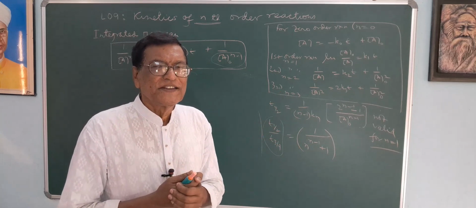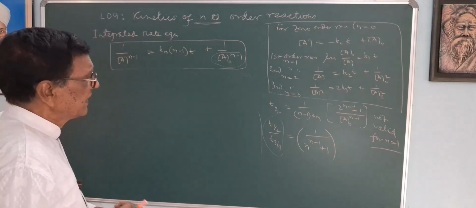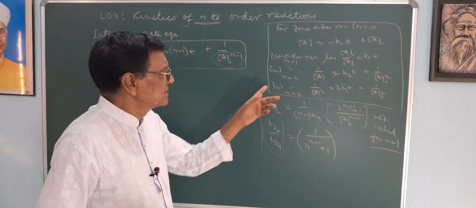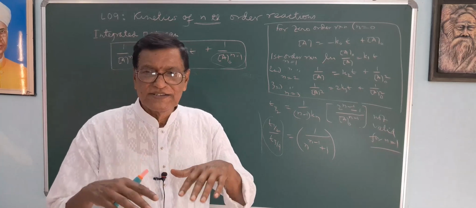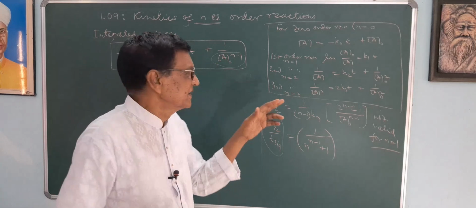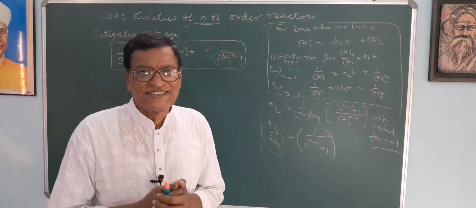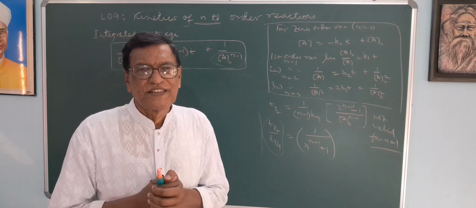One problem I can give you, and we are limited to this third order. Third order reactions require three body collisions, whenever I study the collision theory. Three body collisions are rare.